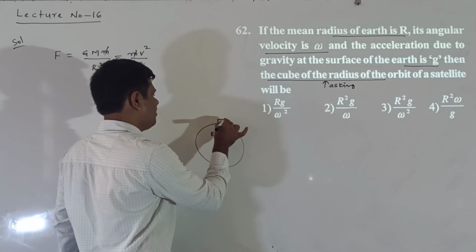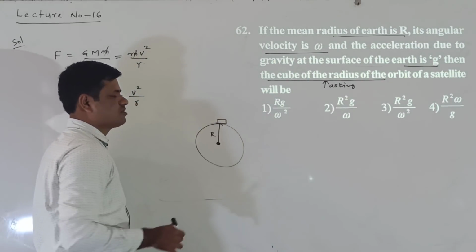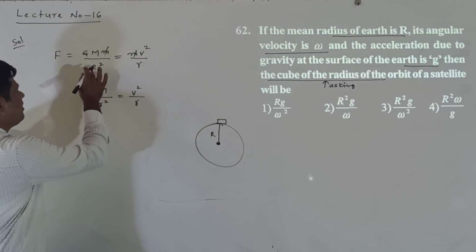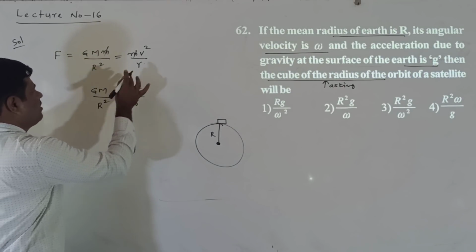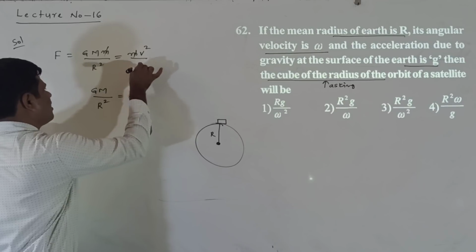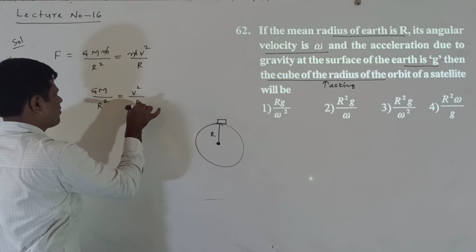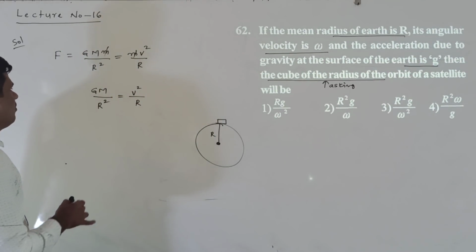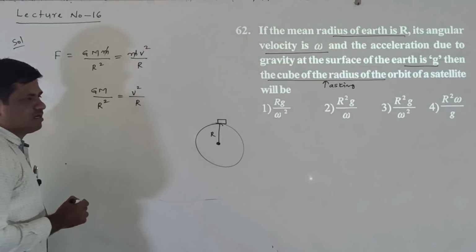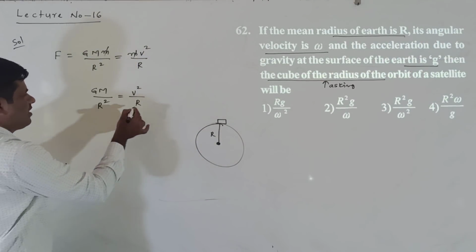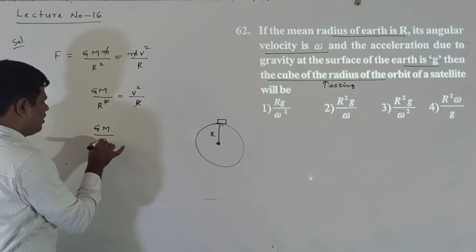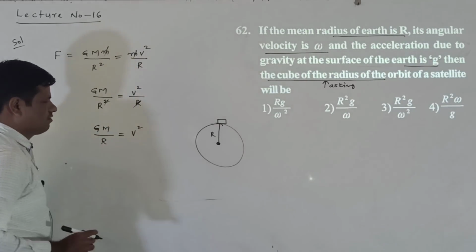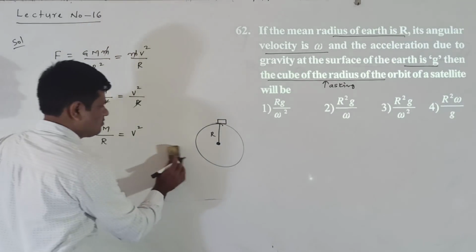The distance between these two is r. So I write GMm by r square, and here also the radius is r, so mv square by r. Okay. Now r cube is asked here. First of all, you can cancel r and r here. The remaining is GM by r is equal to v square. Clear?